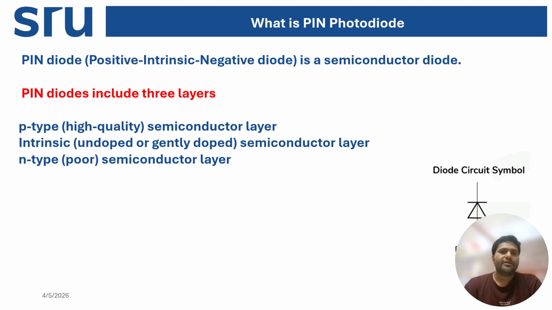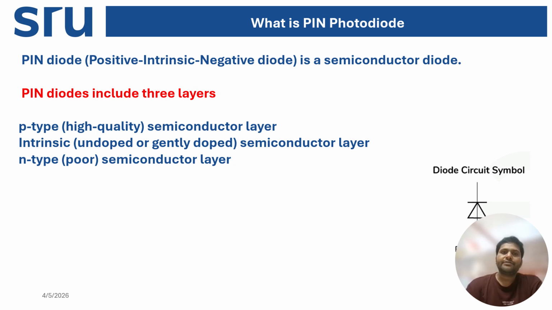The key feature is the intrinsic layer placed between the P region and N region. This intrinsic layer is lightly doped or completely undoped, which increases the width of the depletion region.